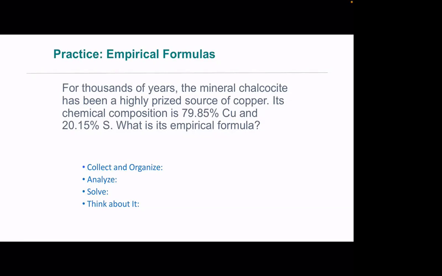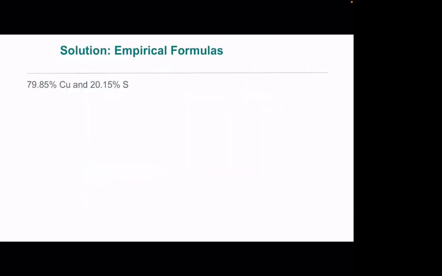We're going to follow my little rule or jingle, whatever you want to call it. Percent to mass, mass to moles, divide by smallest, multiply to a whole. So we'll just assume a 100-gram sample, right? So we're going to have 79.85 grams of copper.